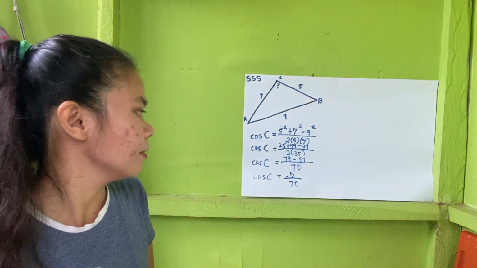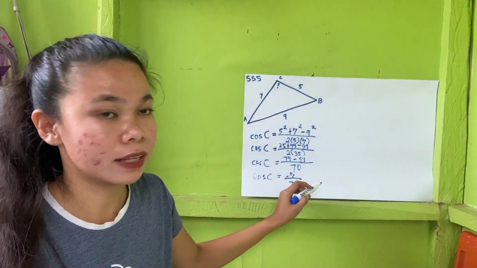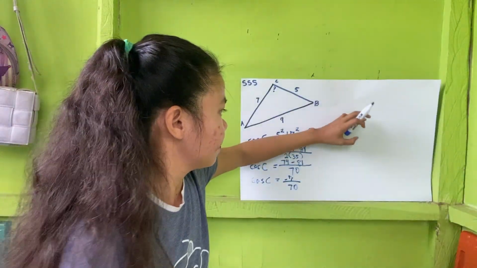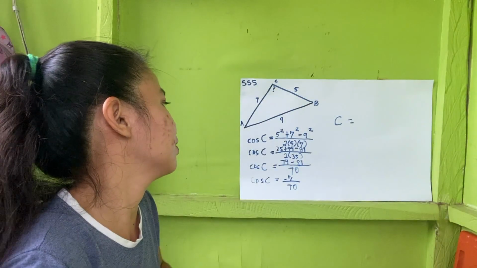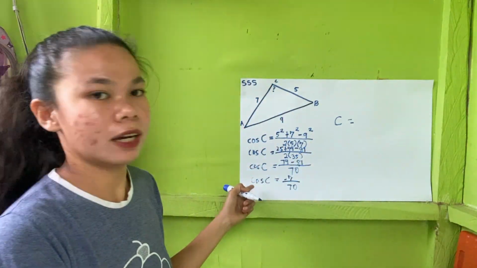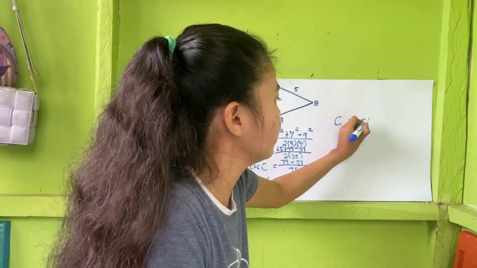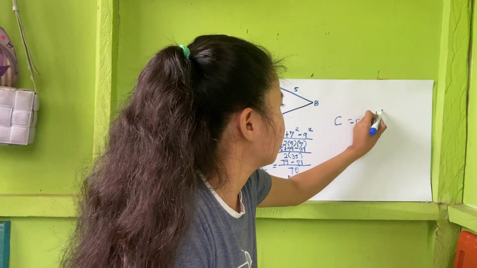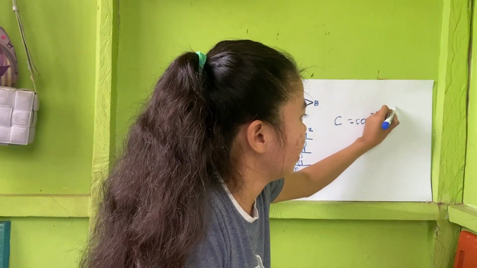And now, the next thing that we're going to do is to transpose this cosine to the other side so that we can isolate the angle C. So we have here C is equal to the inverse of cosine of negative 7 over 70.